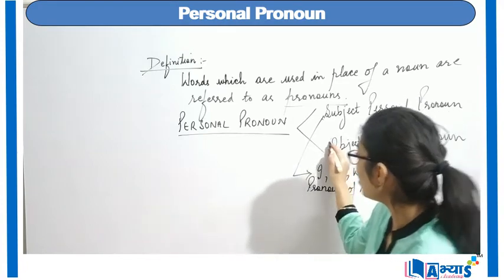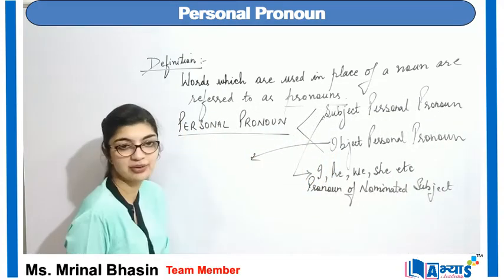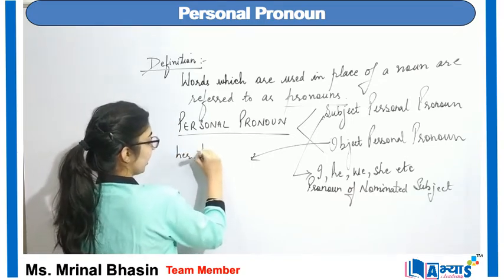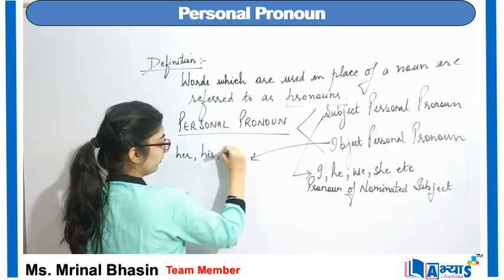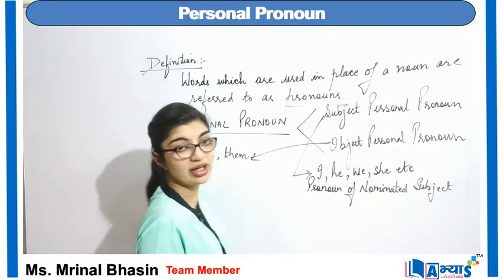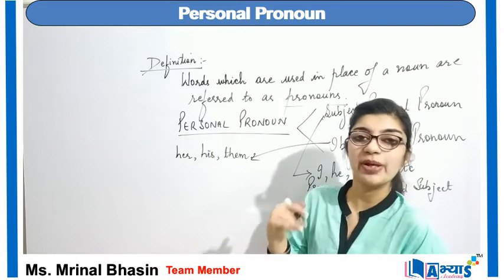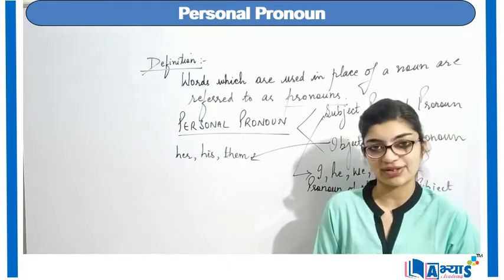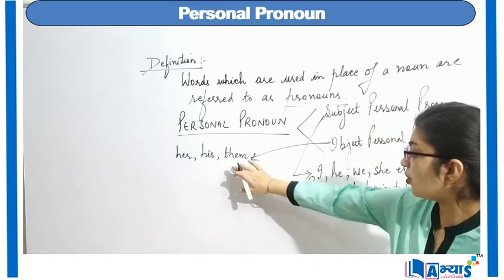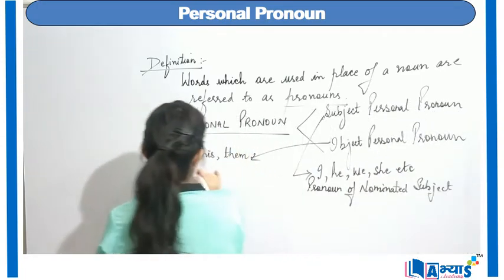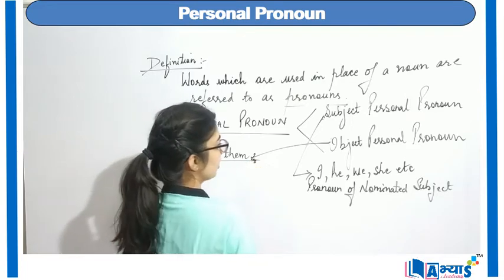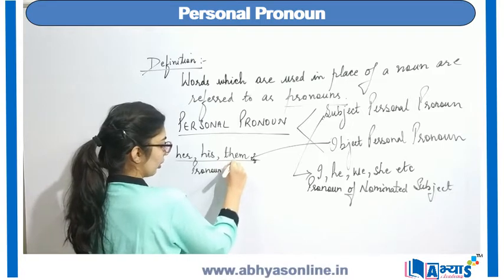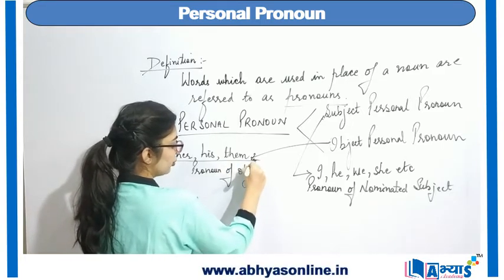And examples of object personal pronoun can be her, his, them, etc., where we point out the object in that particular sentence. Clear? And therefore, this type of pronoun is also referred to as the pronoun of objective.